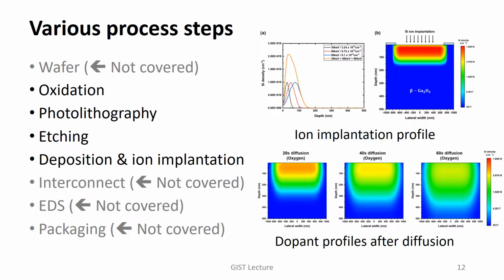However, typically speaking, when we talk about process simulation, usually we are more or less interested in the front end of line processes. So photolithography is also done by OPC. So usually we are more or less interested in oxidation, etching, deposition, and ion implantation.